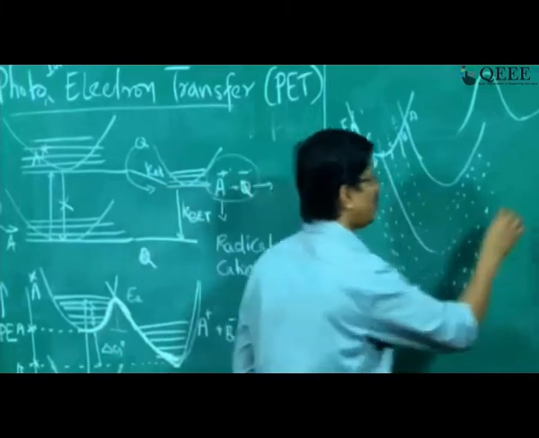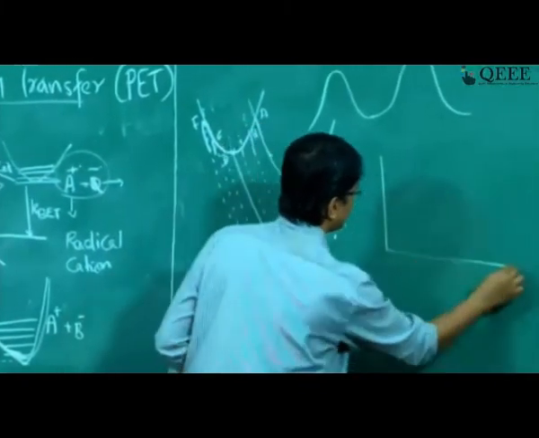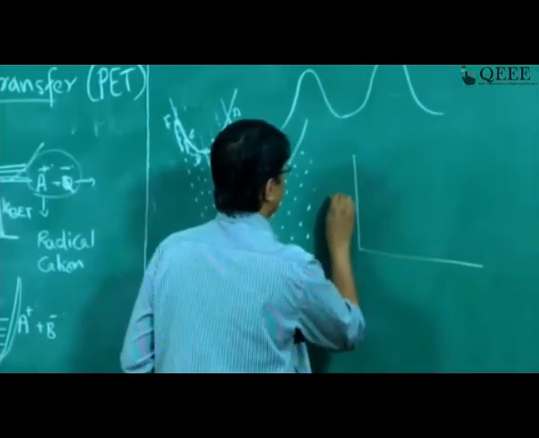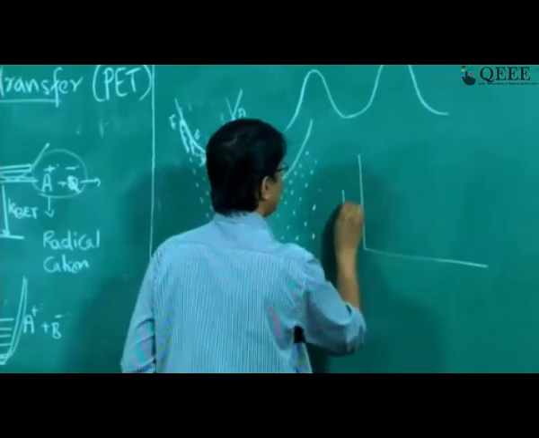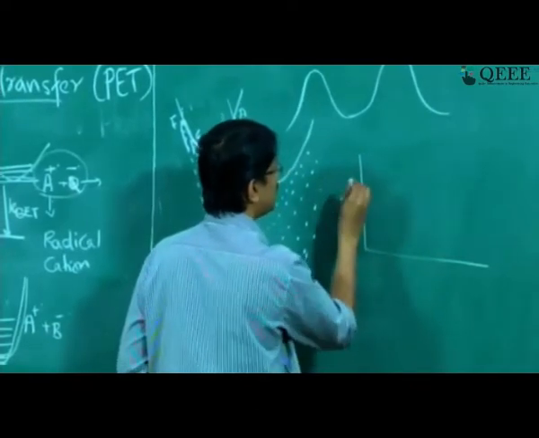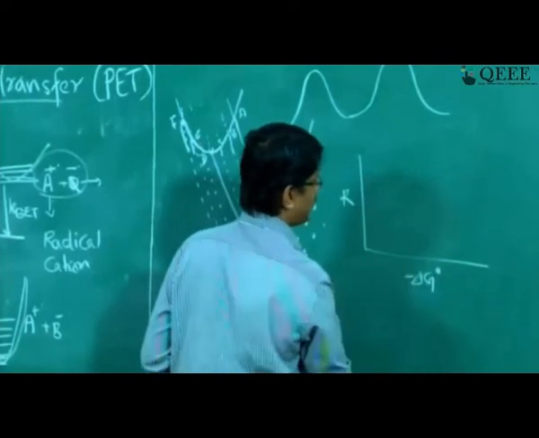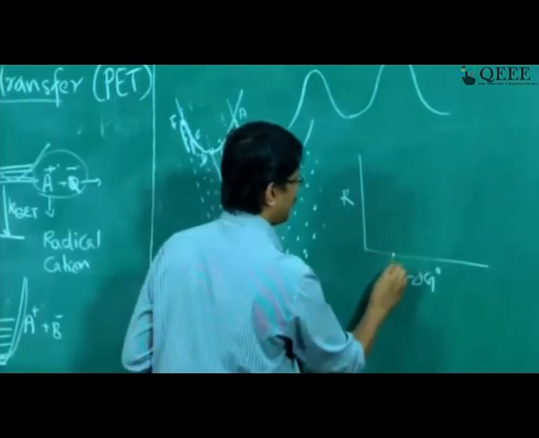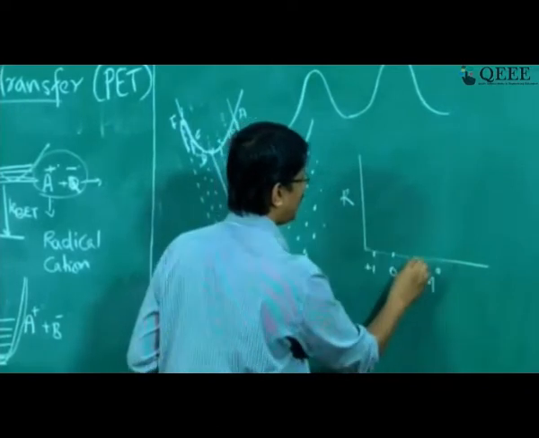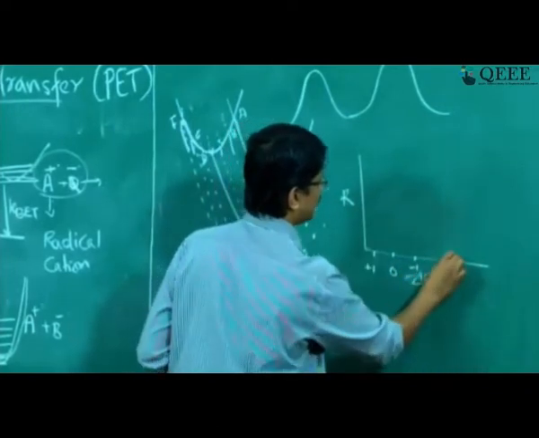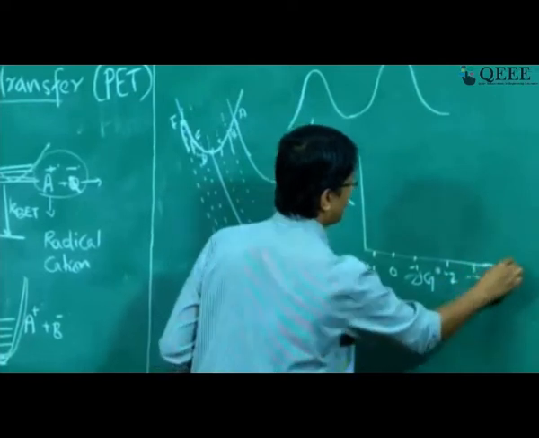So now I want you to plot. Ideally you need to put L and K, but for simplicity I am just putting electron transfer rate constant versus delta G 0, negative. This is 0, this is plus 1, minus 1, minus 2, minus 3.